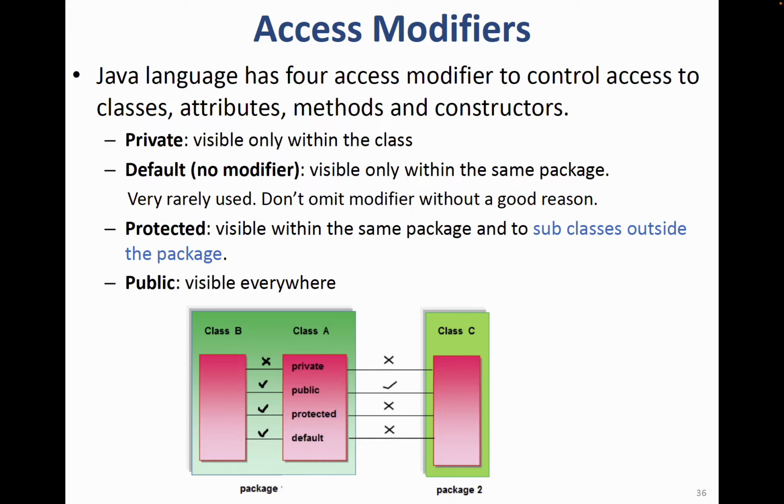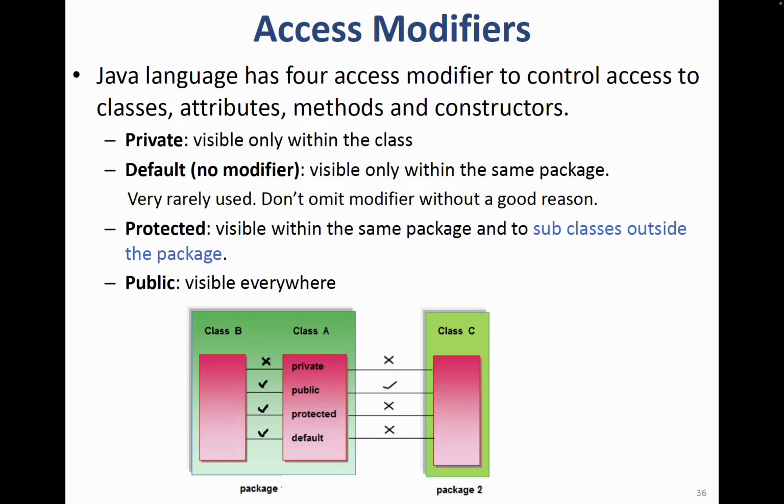What about protected? We haven't seen inheritance yet, and once we see it, it will make more sense. But for a protected member, from the same package, it is accessible. If they are from a different package, normally they are not accessible.